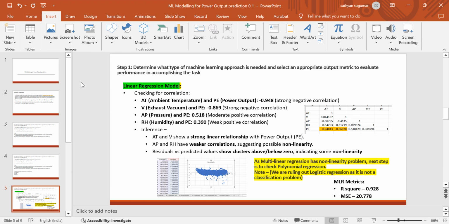And the last two factors could be worrisome because it shows some degree of weakness here, and the AP and RH weakness might suggest some nonlinearity.